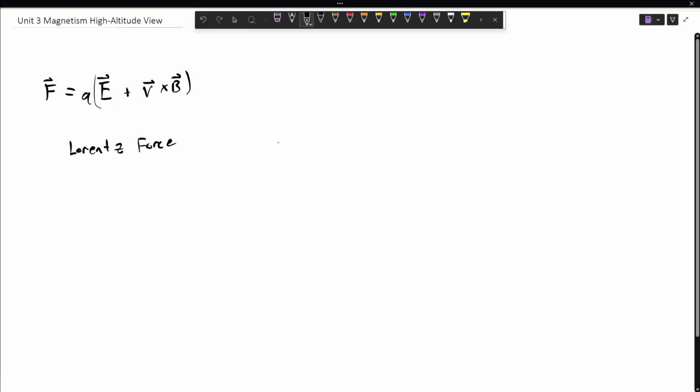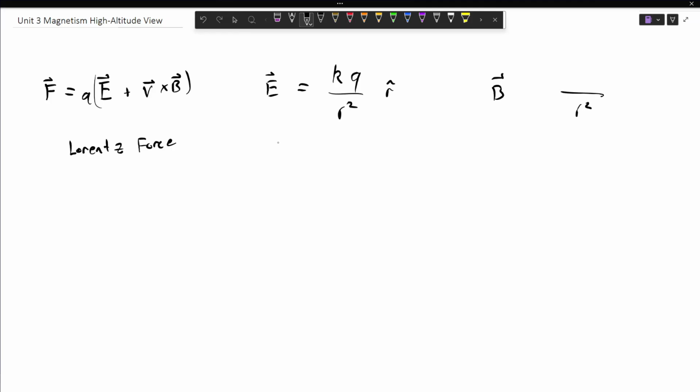And because the forces are so similar, we might ask the question: how did we generate E fields? We said, I have a point charge, so it's k times q divided by r squared times r hat. We end up seeing a very similar rule for how B fields are made. It ends up having this over r squared rule. I'm going to write this one in terms of 1 over 4 pi epsilon naught instead of as k, because it's going to better mirror what happens over here, where there's a mu naught in the denominator.